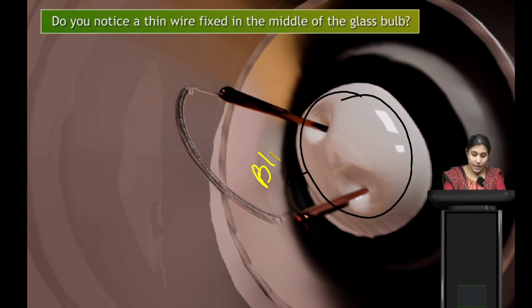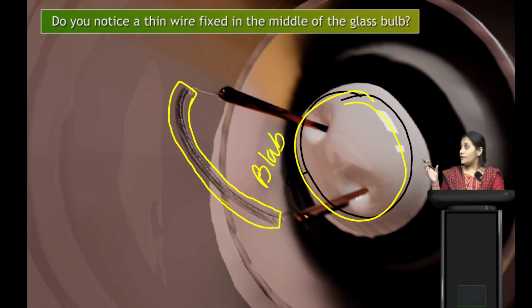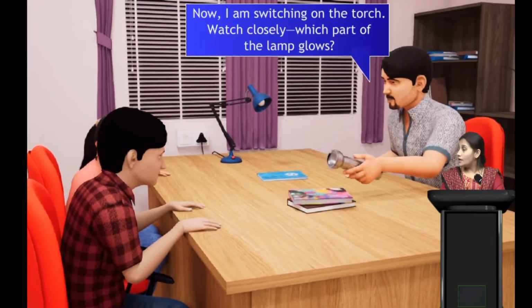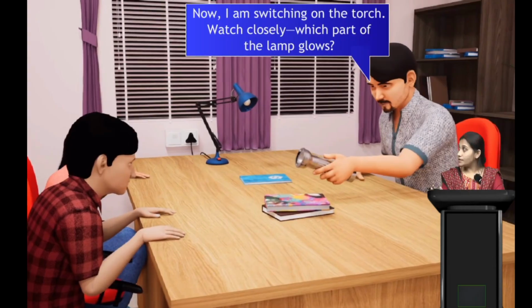This small part is the bulb, and it is fixed with a thin wire. Now his father says, I am switching on the torch. Watch closely which part of the lamp glows.